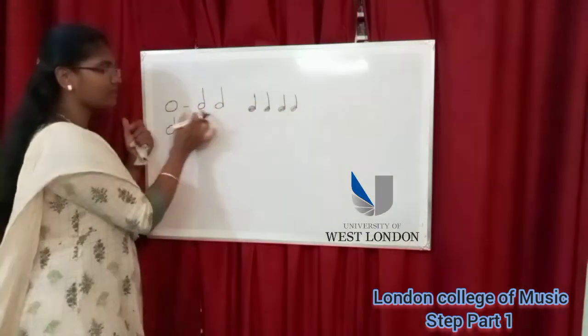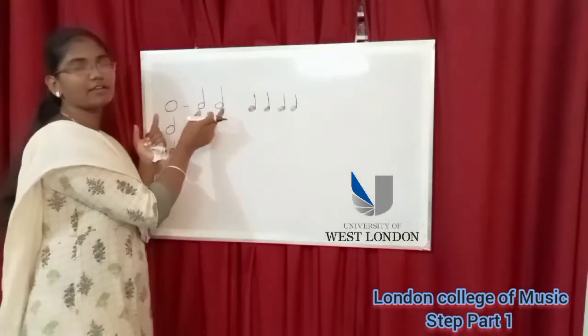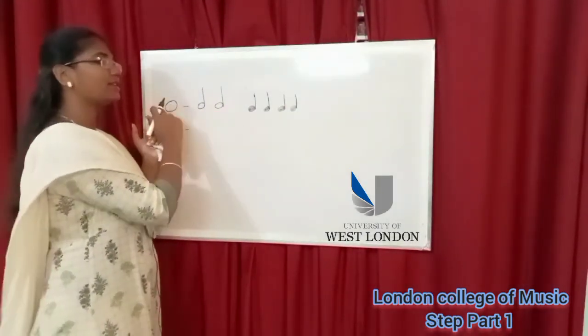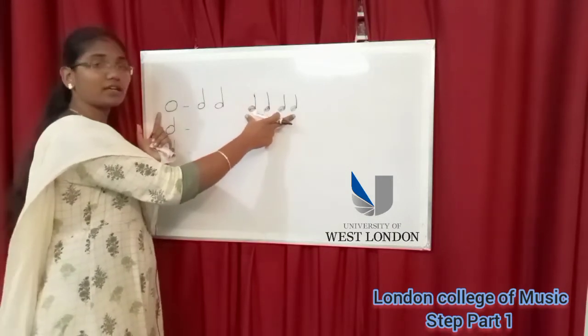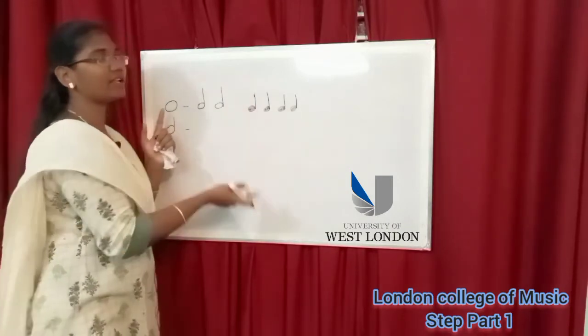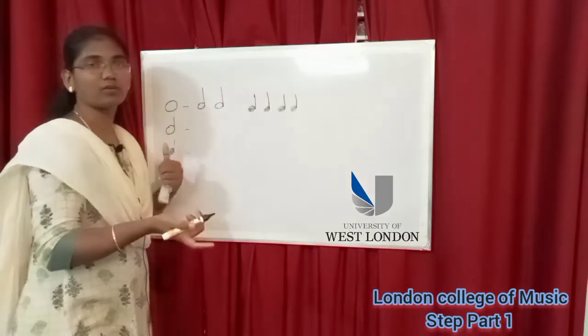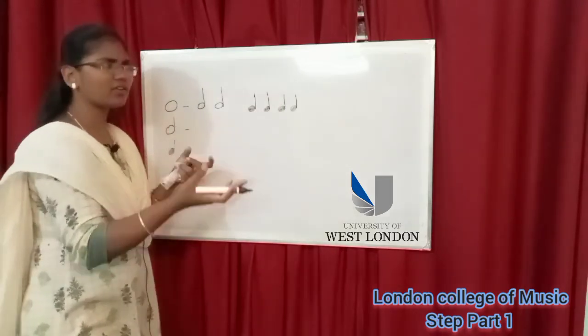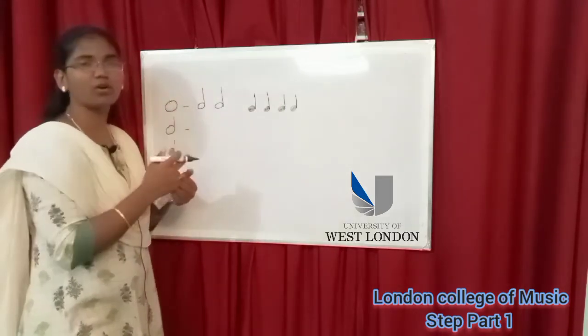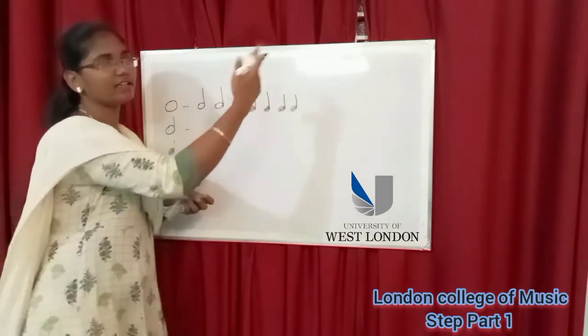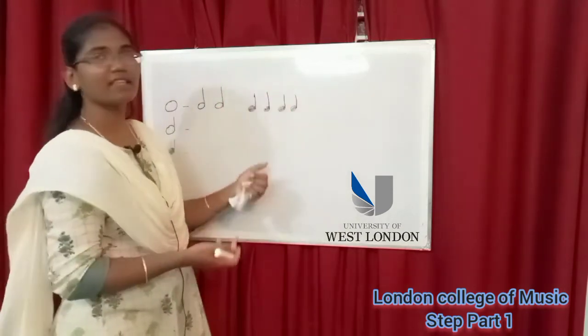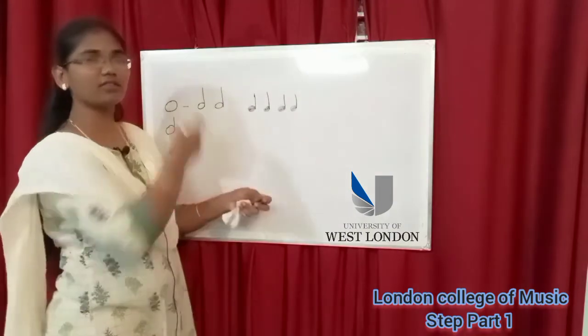So the whole note can be divided into 2 half notes, or into 4 crotchet notes, or into 8 quaver notes. We learned in the cake diagram that 8 quaver notes are equal to the whole note.